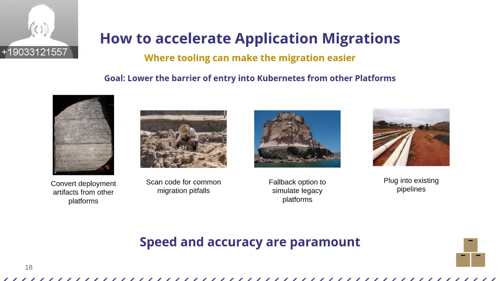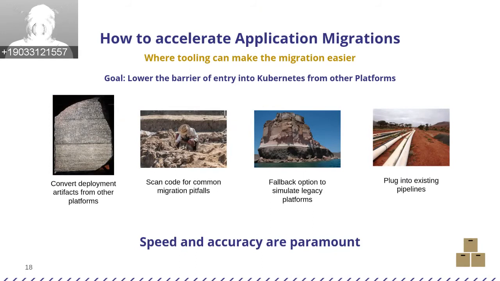So how do we accelerate it? Really what it comes down to is that we need to lower the barrier of entry to bring applications onto the platform, whether it's pure Kubernetes or OpenShift itself. We want to start off by having a very easy way of converting deployment artifacts from other platforms currently in use.